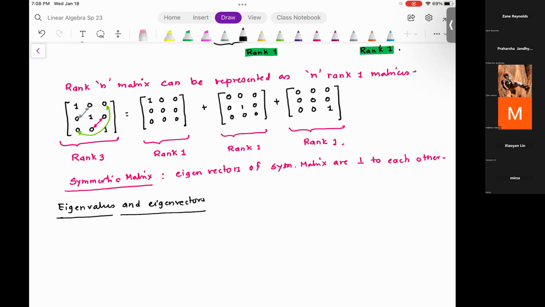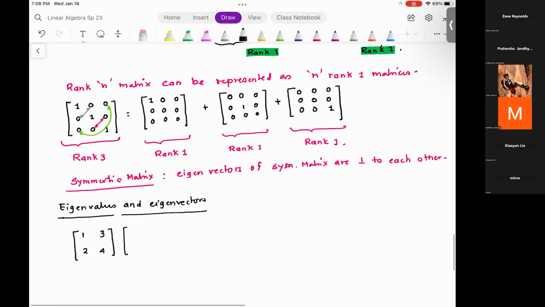I will give you a quick recap. If we have a matrix, say 1, 2, 3, and 4, and I multiply that by any vector, say 1, 1, I get maybe 4 here and maybe 6 here.